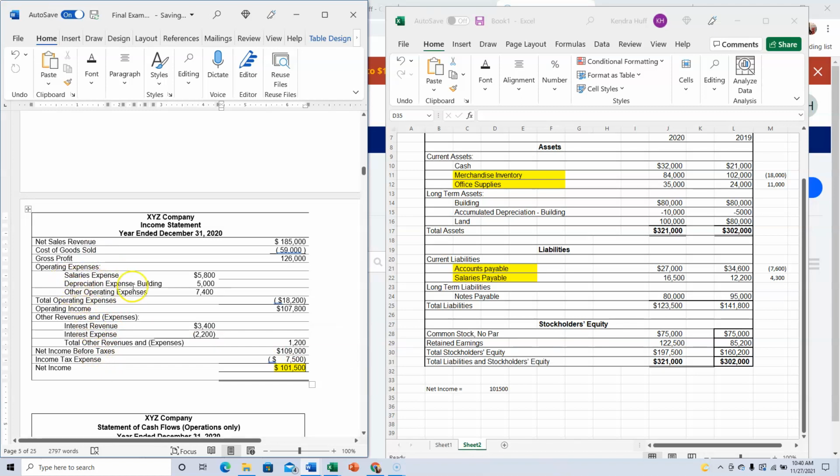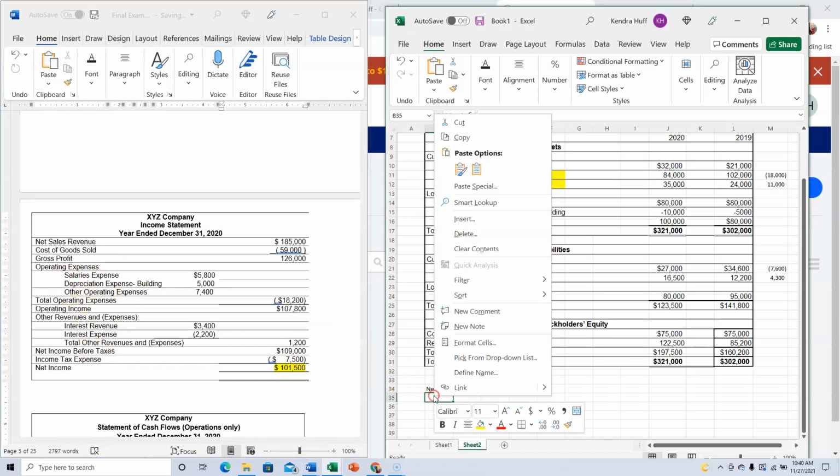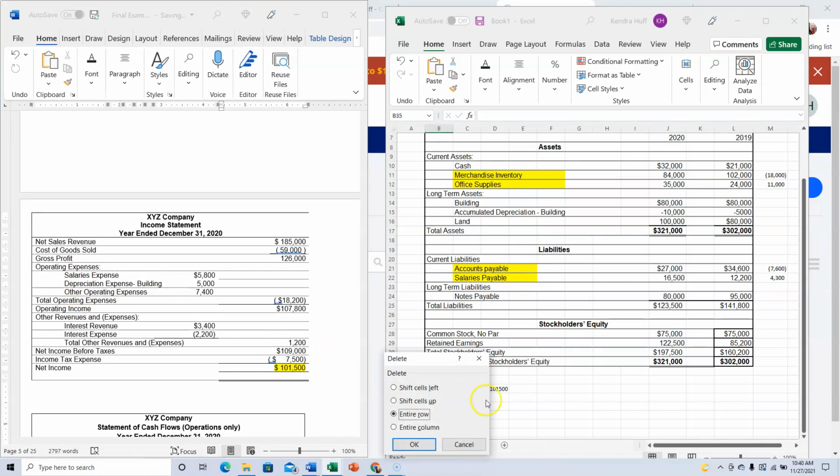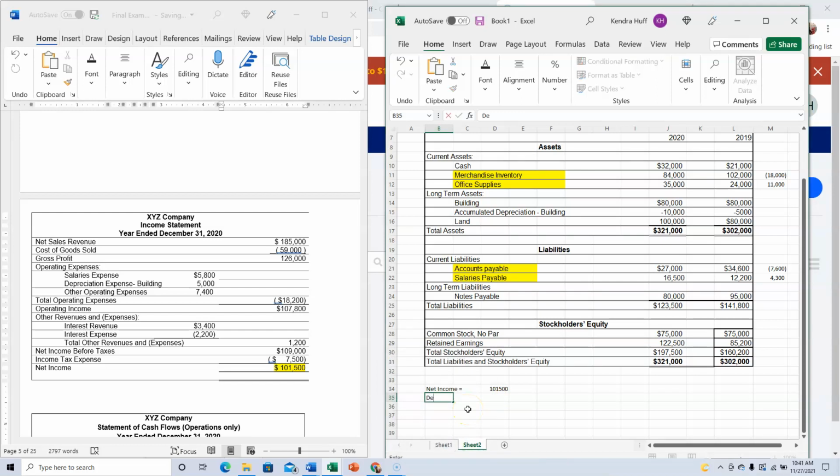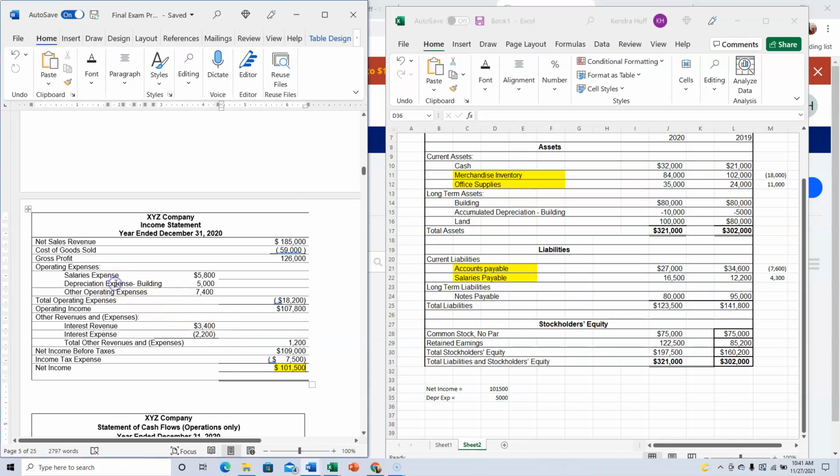And I need to know if there's depreciation expense. The depreciation expense equals 5,000.